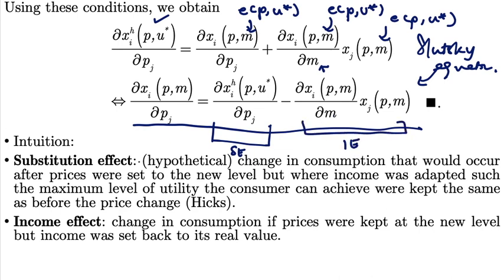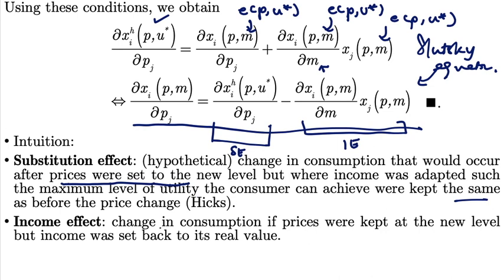Intuitively, when we talk about the substitution effect, hypothetically, it is the change in consumption that would occur after prices were set to the new level, in other words, after prices change, but where income was adapted such that the maximum level of utility the consumer can achieve was kept the same, in other words, the same maximum level of utility as before the price change.